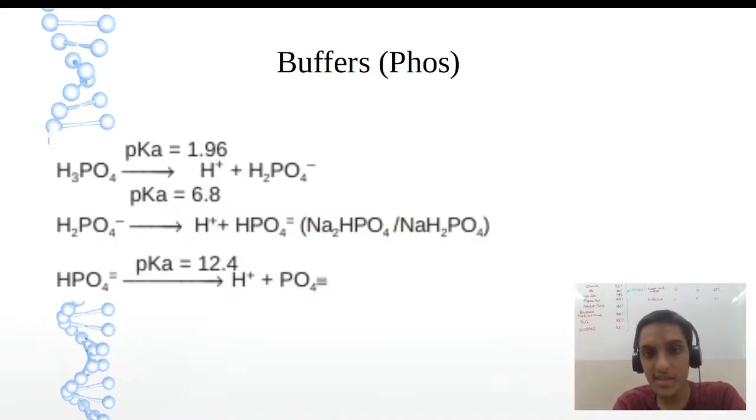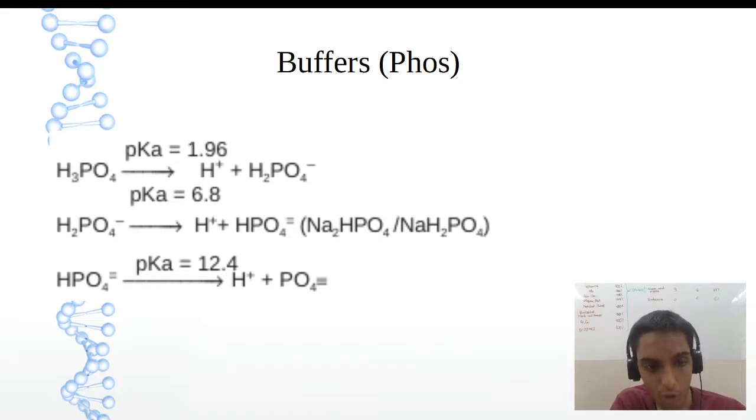Now, next is phosphate buffer. So we have a strong base, that is diphosphoric acid, or a conjugate base I can say. The weak acid is triphosphoric acid. So it is a tribasic acid and this is the dissociation of it. Triphosphoric acid becoming di, becoming mono.